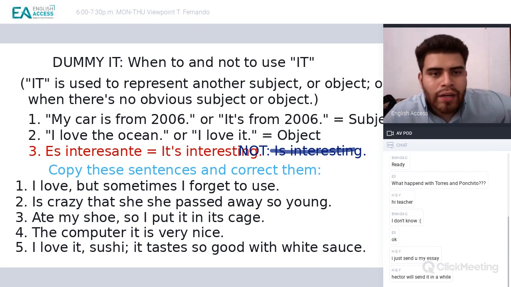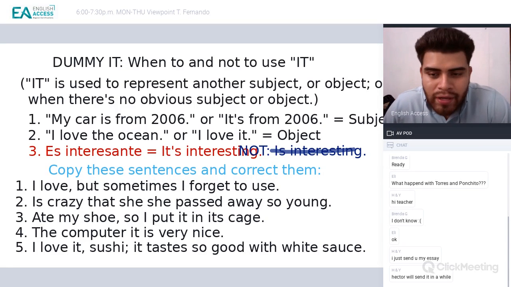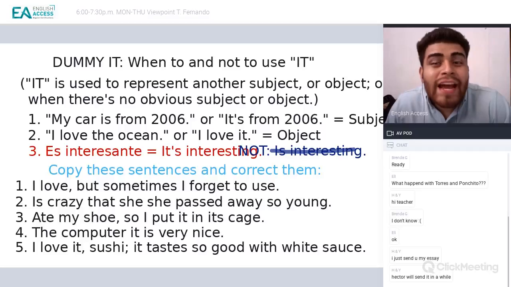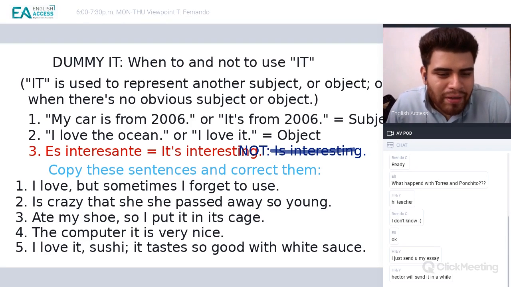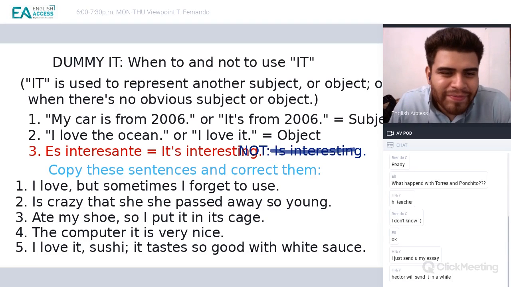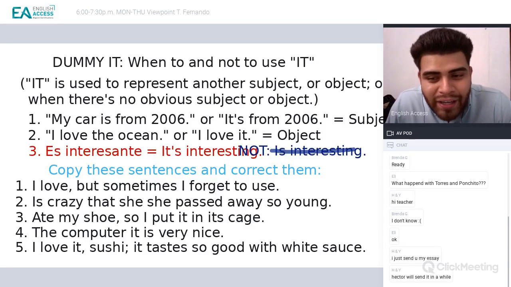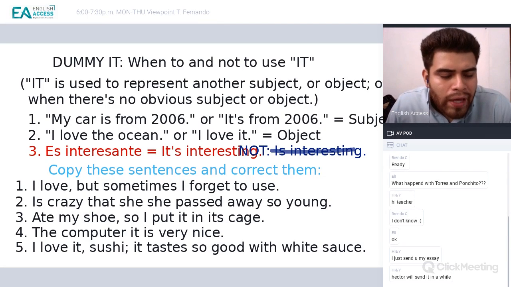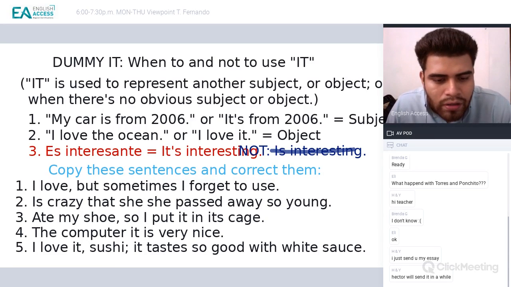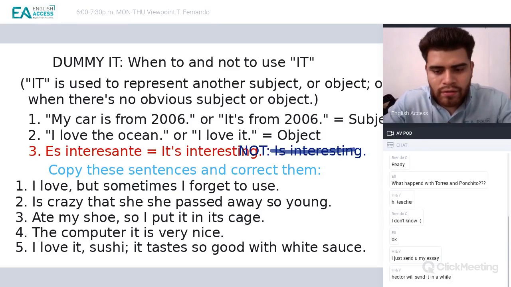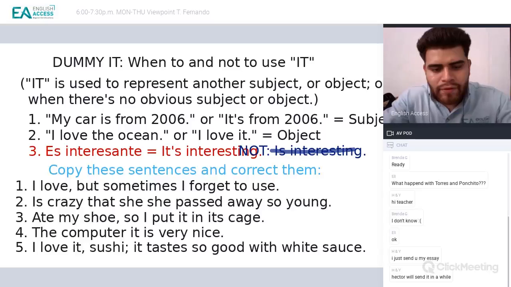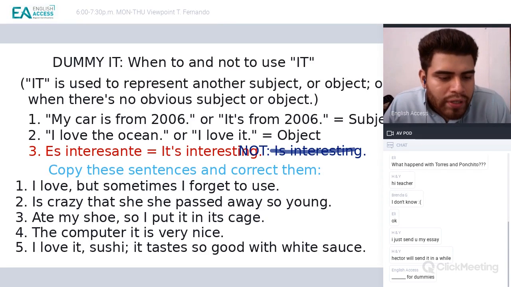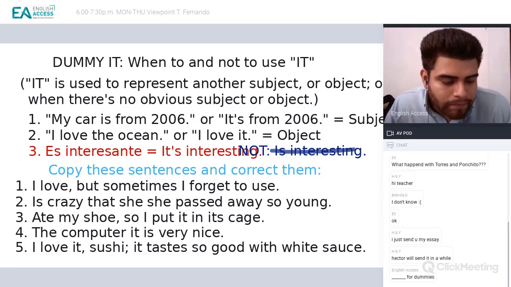Okay, the dummy it. Now, dummy refers to a dumb person, but it is a very nice way of saying it. Sometimes it can be a playful word. Oh, you dummy. But it refers to a dumb person, a stupid person. Now, there are many books that are called da da da for dummies, and those kind of books help you to learn things.